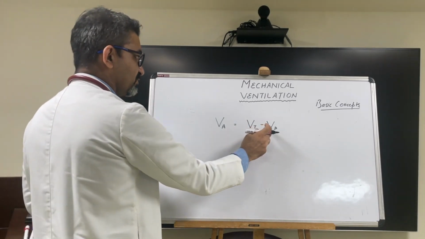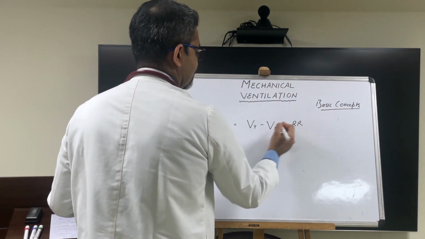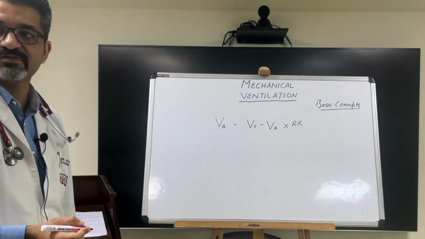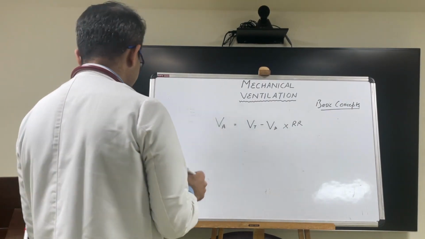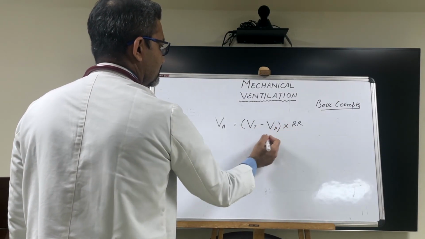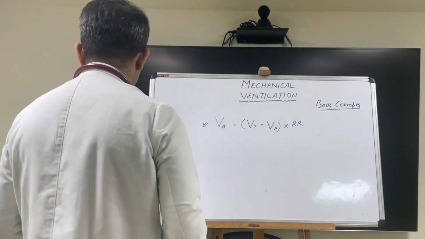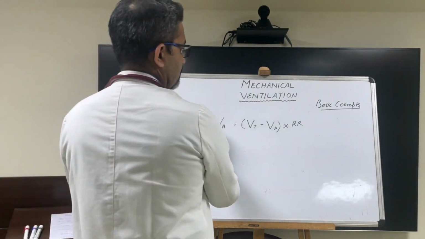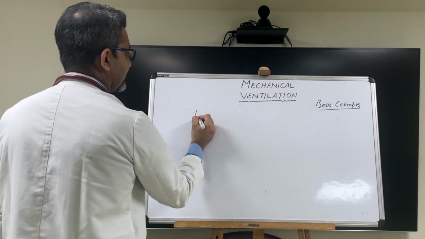So you subtract that physiological dead space and you multiply it by respiratory rate. So this becomes your alveolar ventilation, right? So you have minute ventilation, you have alveolar ventilation. This is more appropriate and a more physiological term to be remembered. The next concept is lung compliance.